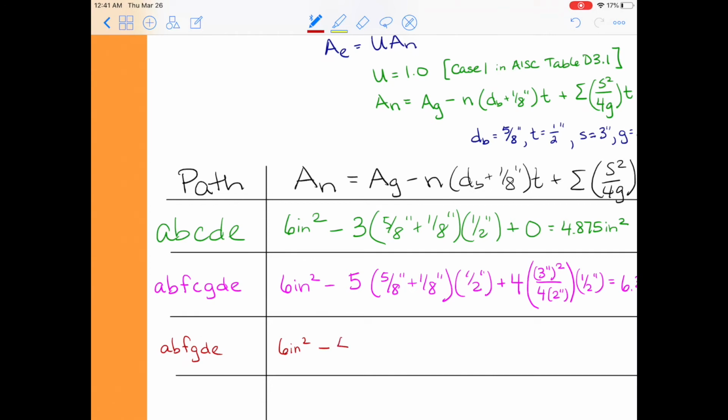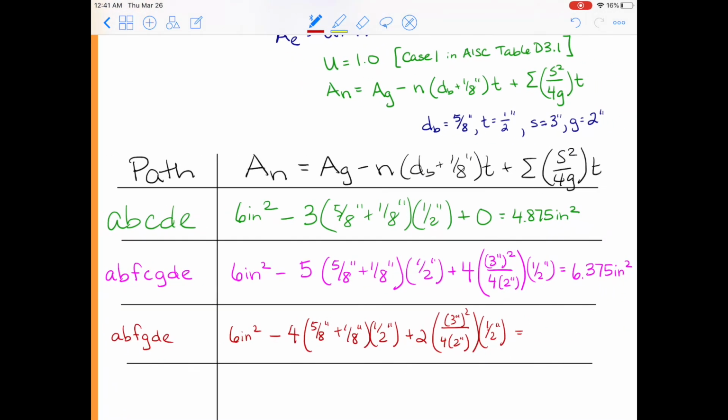So we take 6 inches squared, we subtract 4 times 5/8 inch plus 1/8 of an inch times the thickness of the plate, 1/2 inch. And then we're going to add to it the 2 diagonal paths, so that's going to be 2 times s squared over 4g. So 3 inches squared over 4 times 2 times the thickness, 1/2 inch. We do some math here. We get that this value is 5.625 inches squared.